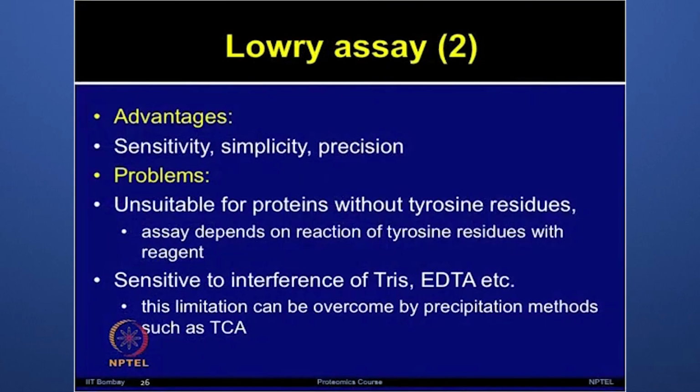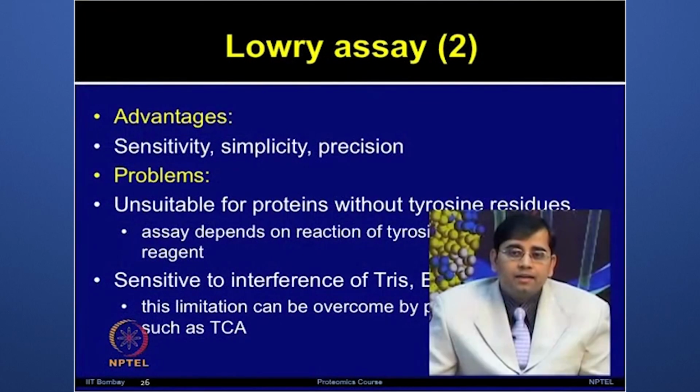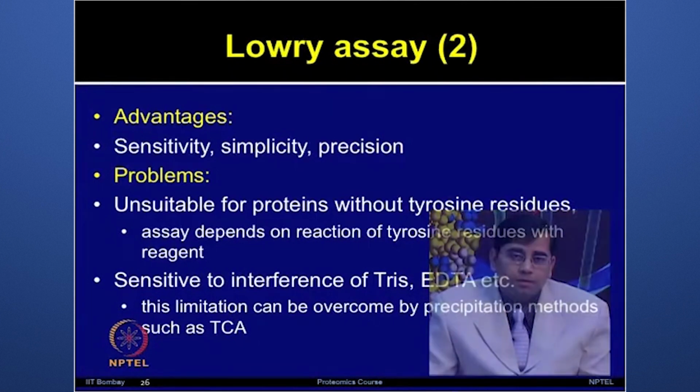One of the problems of using this assay is that it is unsuitable for those proteins which do not contain aromatic residues such as tyrosines. This assay depends upon the reaction of tyrosine residues with the reagent. So, if you do not have the tyrosine amino acid in your protein sample, then it will not be suitable.